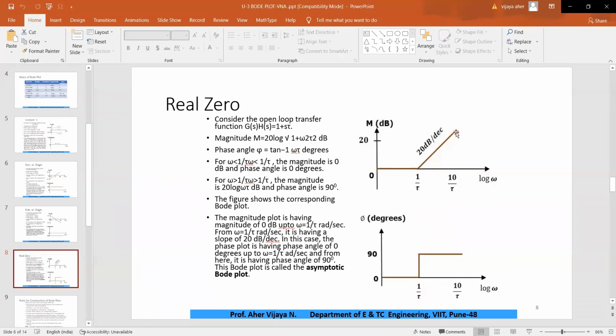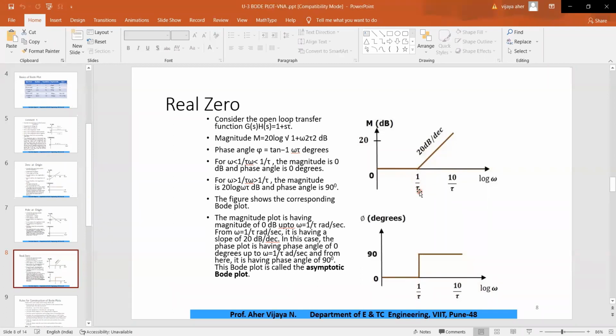So the slope is 20 dB per decade, positive 20 dB per decade, for a real zero, right? After 1 by tau. So what is the magnitude? The magnitude is 20 log of omega tau dB.